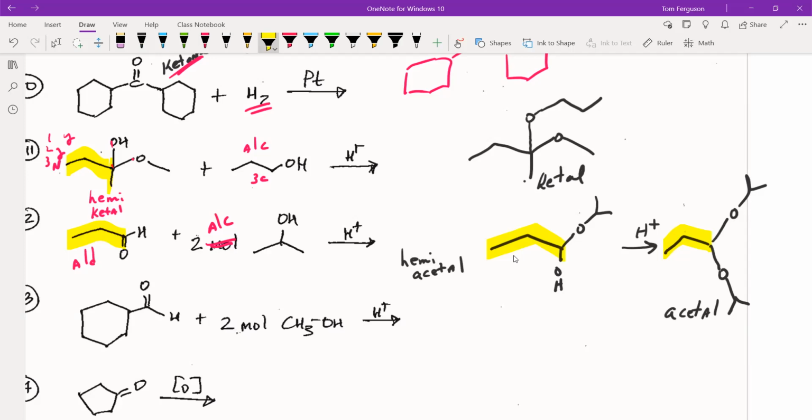Okay. All right. So we have an aldehyde again, and we have 2 alcohols, these are methyl alcohols. Again, these are in acidic environments. So the first one we're going to form is going to be the hemiacetal.